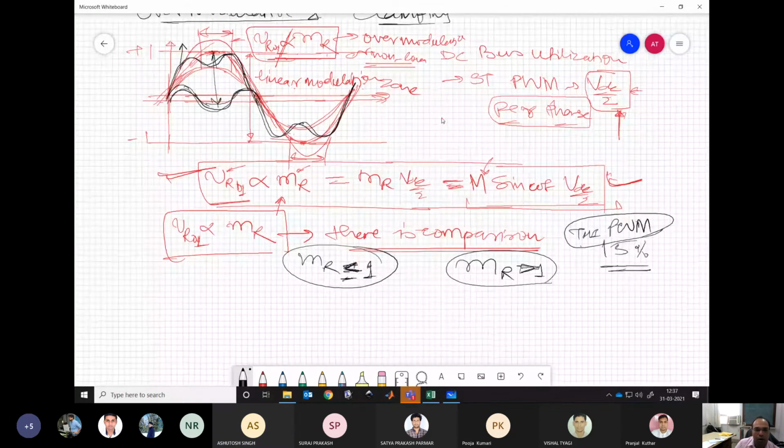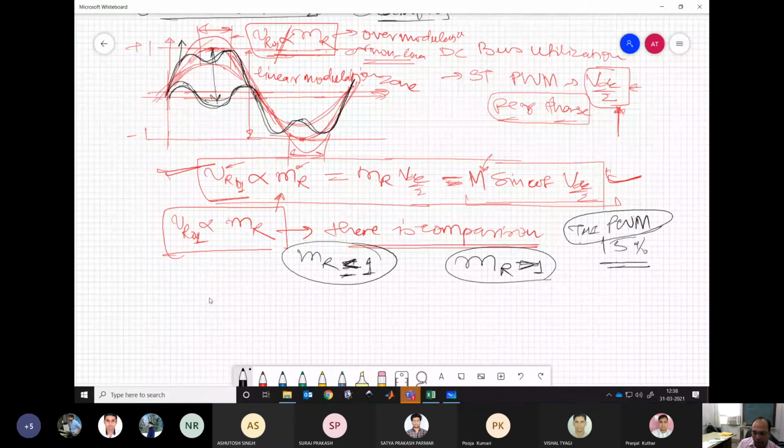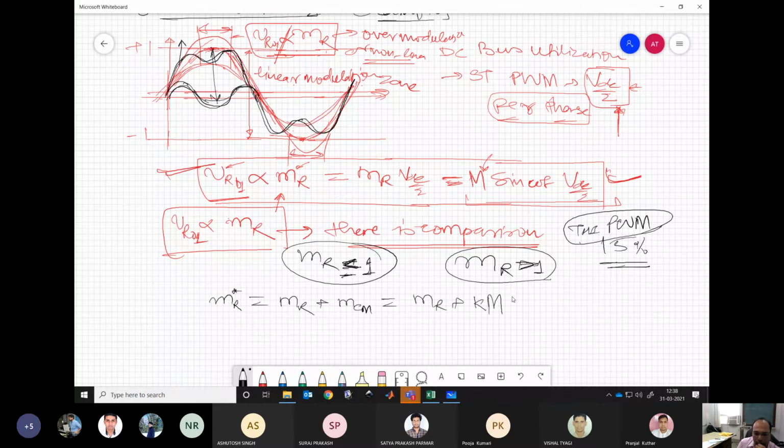Let's say the new modulating signal is MR star. We have added to MR this M common mode, or M3, which is some K times M sine 3 omega t.